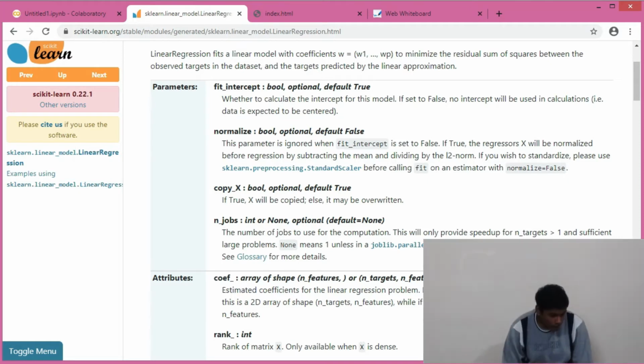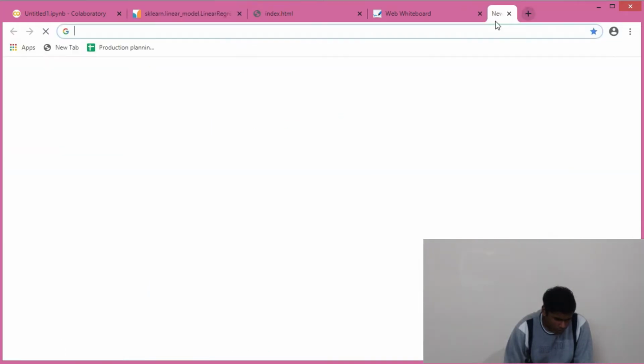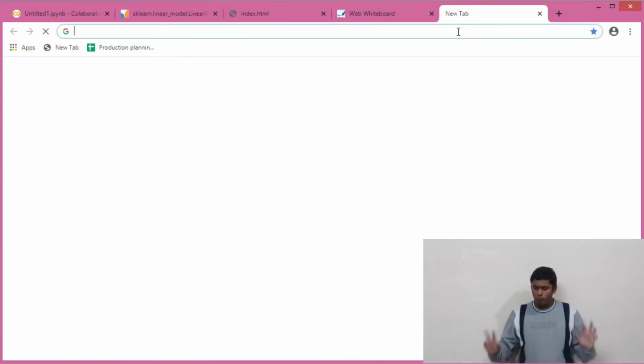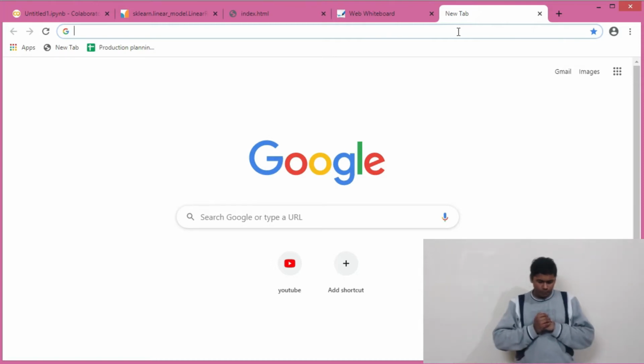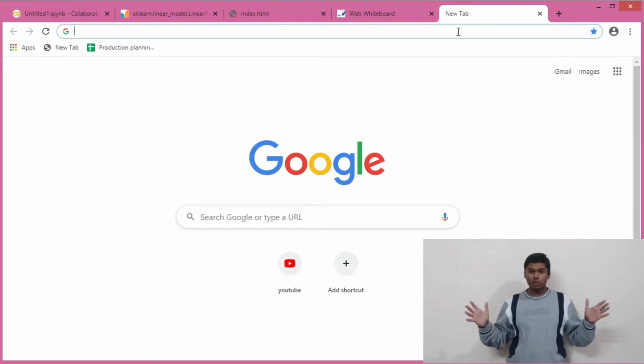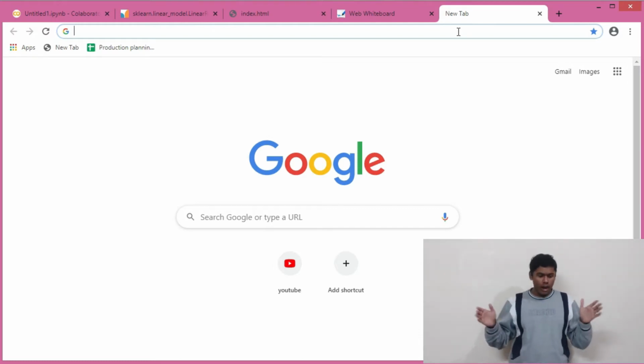Now there is one more thing called the O notation. What is O notation? Let's say I have a list that has 10 elements, and I want to iterate over this list using a for loop.